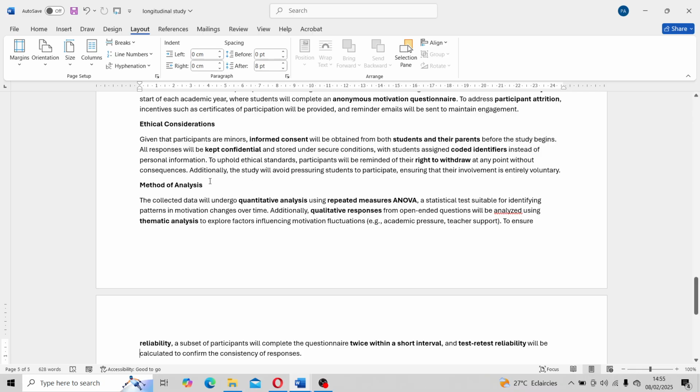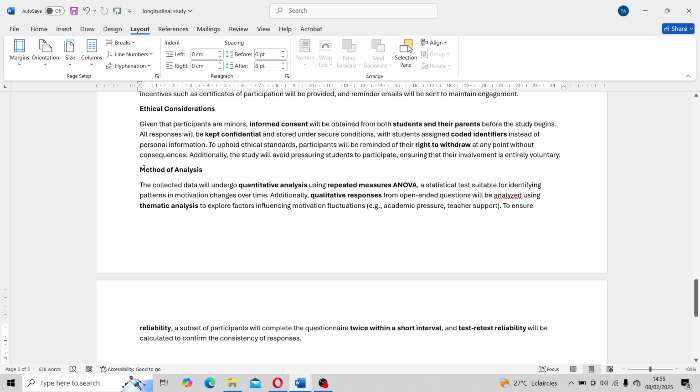right? Additionally, the study will avoid pressuring students to participate, ensuring that the involvement is entirely voluntary, which is something you can develop. Okay, it's left to you. Now, method of analysis: the collected data will undergo quantitative analysis using the repeated measure ANOVA, or you can use another method. You can explain with the method I said earlier. All right, so you are using a statistical test suitable for identifying pattern in motivation change over time.